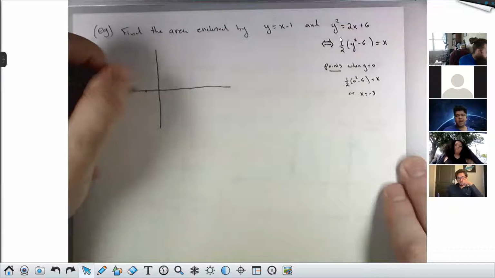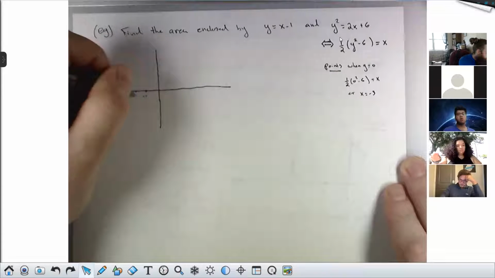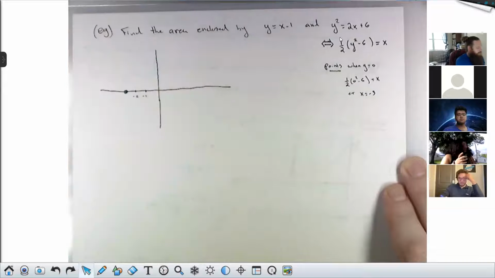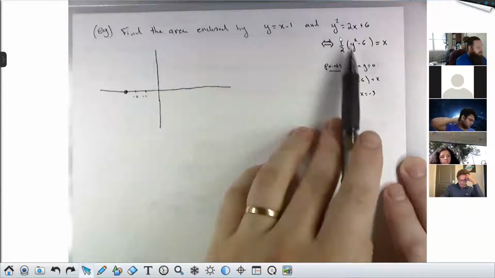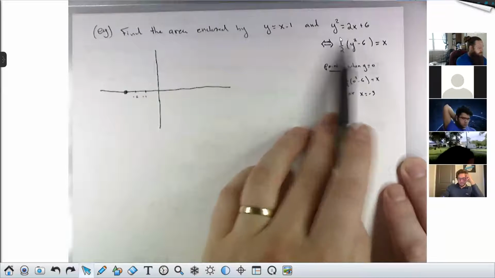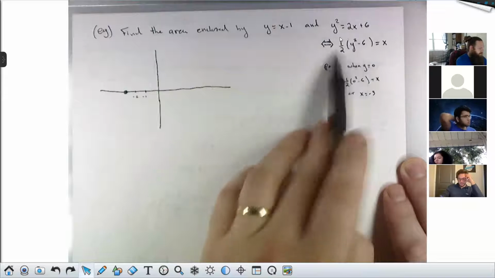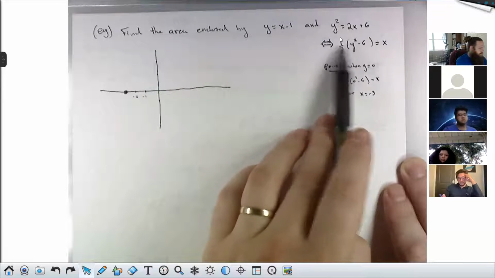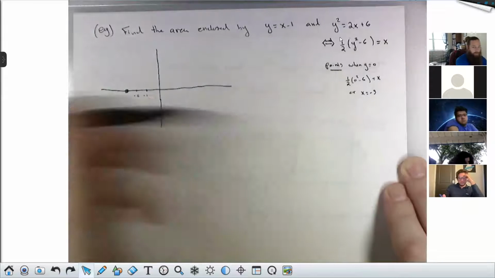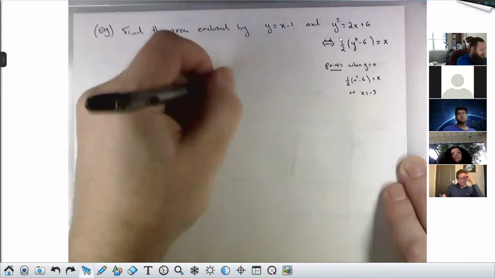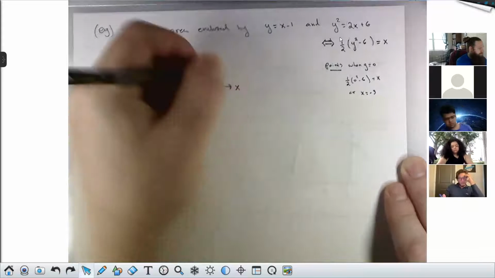All right, so my vertex is here. Since the y squared is positive, this is like 1/2 y squared minus 3. That would be the vertex form. The coefficient of y squared is positive. That means we're going to open to the right because this is the increasing or positive x direction.